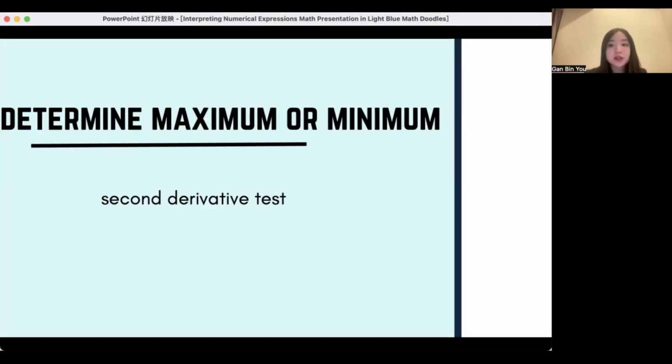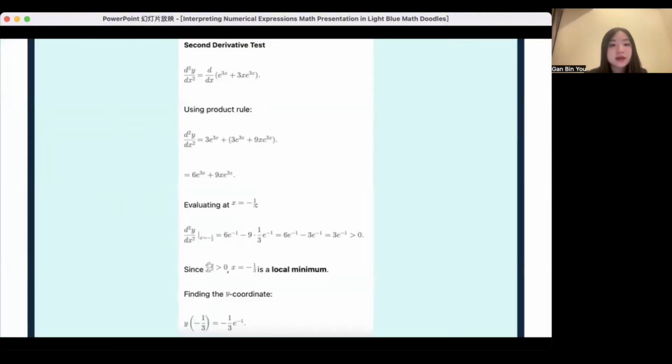And don't forget, we should also determine whether this extremum is a maximum or minimum. So we should use the second derivative test. The second derivative of y with respect to x is equal to the derivative with respect to x of exponential of 3x plus 3x times the exponential of 3x.